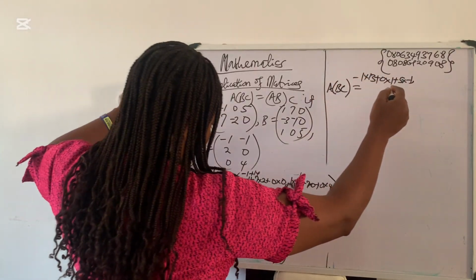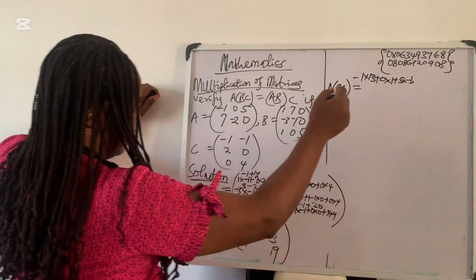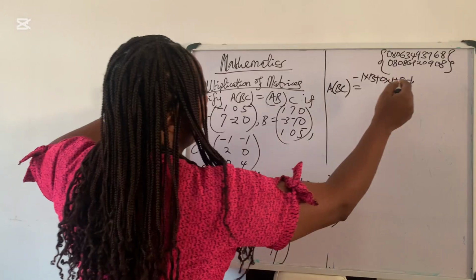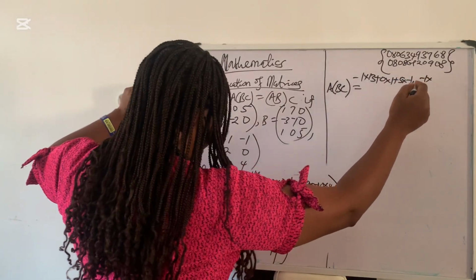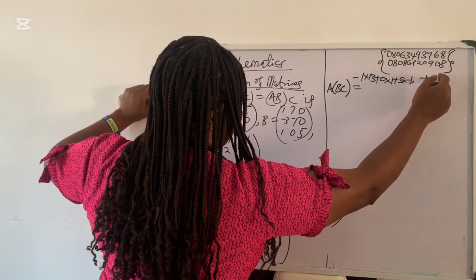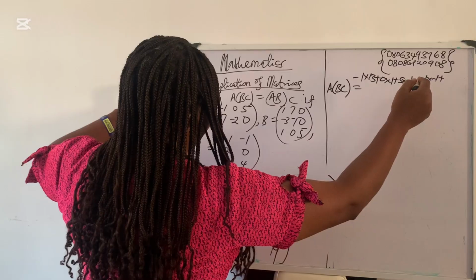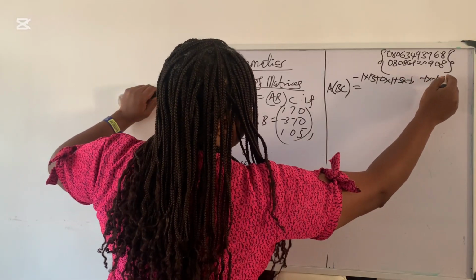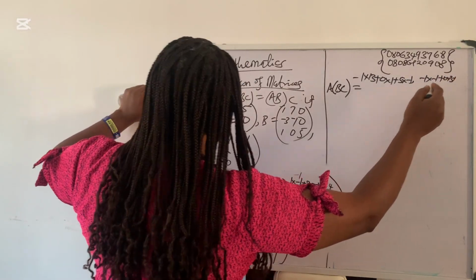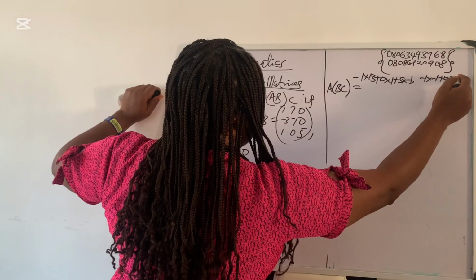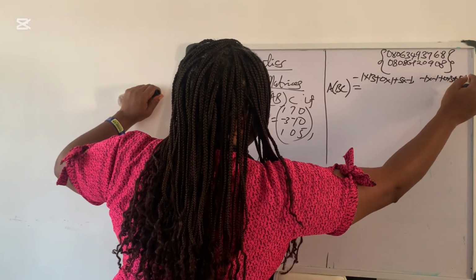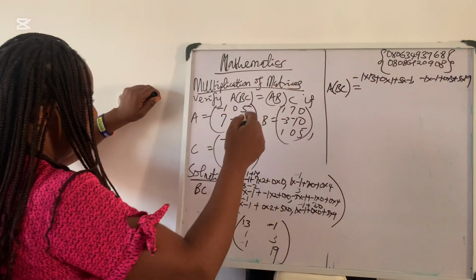Still go ahead, multiplying the second column: minus 1 times minus 1 plus 0 times 3 plus 5 times 19. We are done with that.